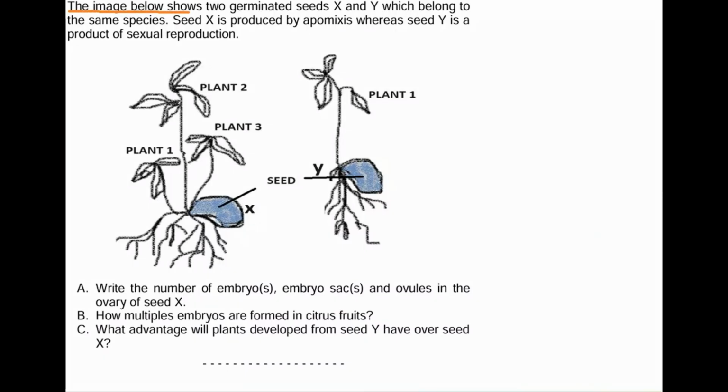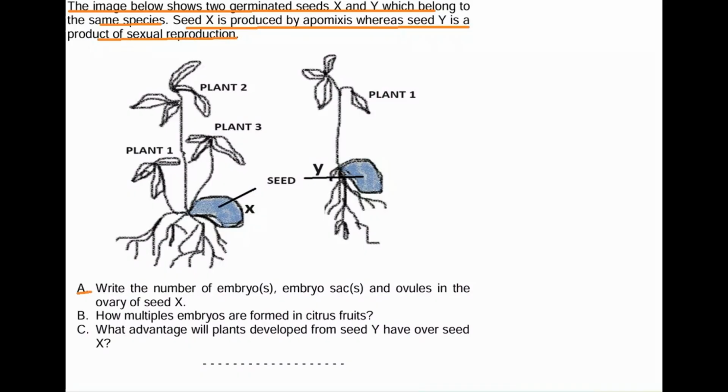The image below shows two germinated seeds X and Y, which belong to the same species. Seed X is produced by apomixis, whereas seed Y is a product of sexual reproduction.